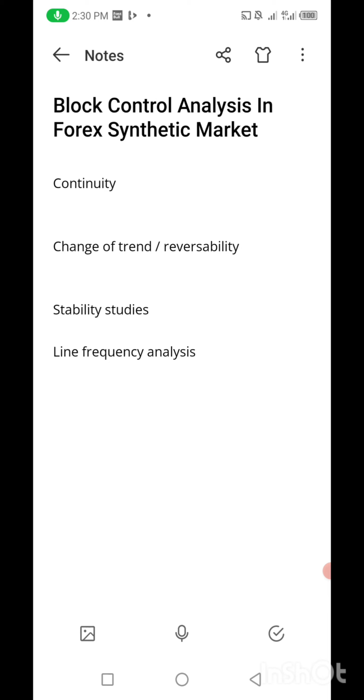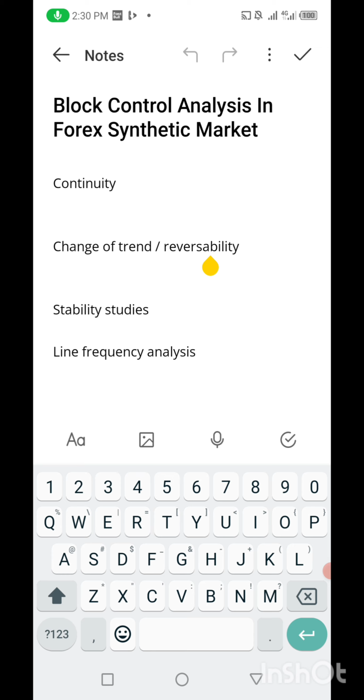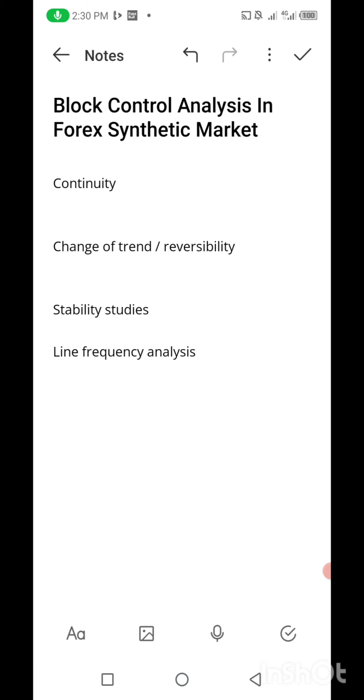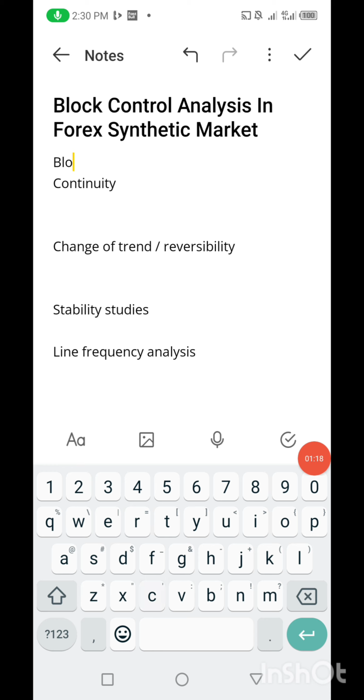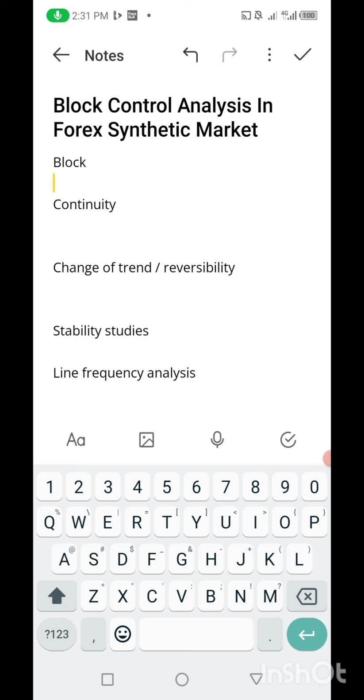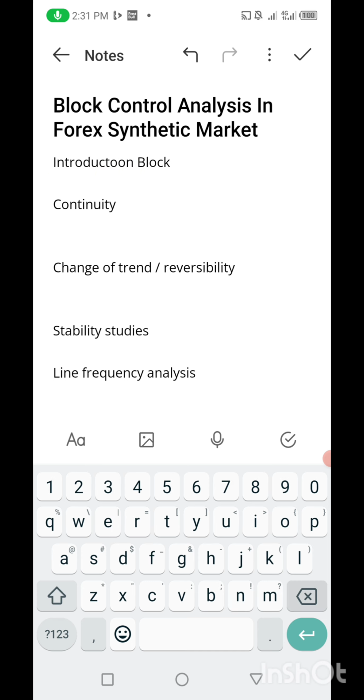So the topic is block control analysis in Forex synthetic market, and we shall discuss things like continuity, change of trend, reversibility, stability studies, line frequency analysis, and then we actually look at what is block, introduction to block analysis.